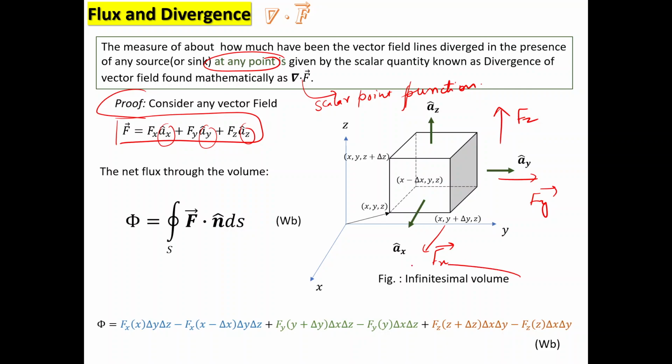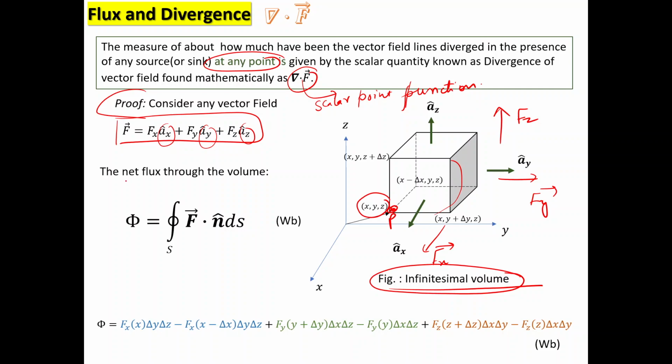Let us take an infinitesimal volume, a very, very small volume at any point P. Since divergence is a point function, we are considering a very small volume at a point P whose coordinates are x, y, z.